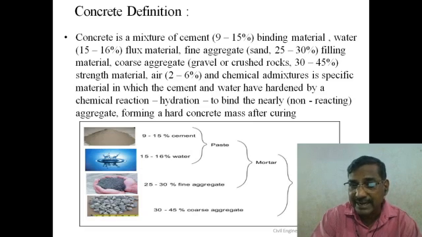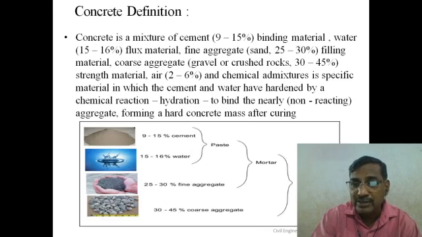Then coarse aggregate. Generally we are using aggregate for concrete passing through 40 mm sieve and retained on 2.75 mm sieve. Then water, generally potable water is used, that is drinking water.